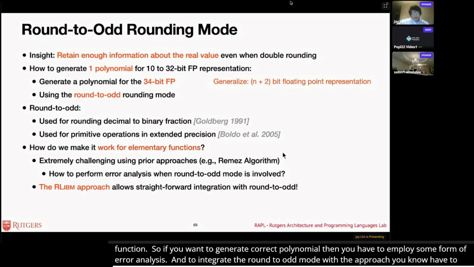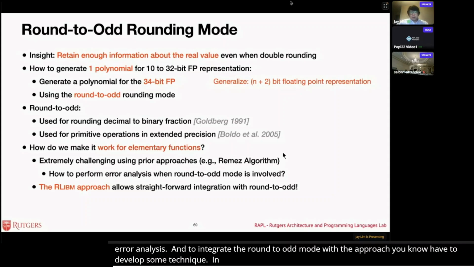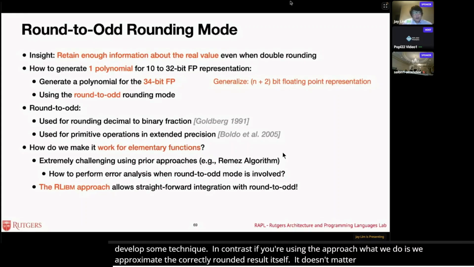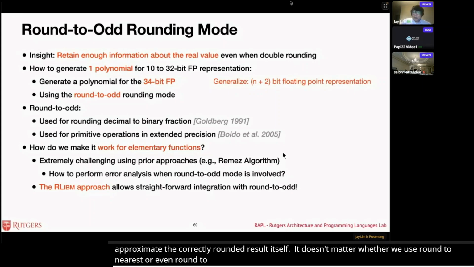In contrast, if you're using the RLibm approach, what we do is we approximate the correctly rounded result itself. So it doesn't matter whether we use round to nearest ties to even or the round to odd rounding mode. So integrating the round to odd mode with the RLibm approach is much more straightforward.